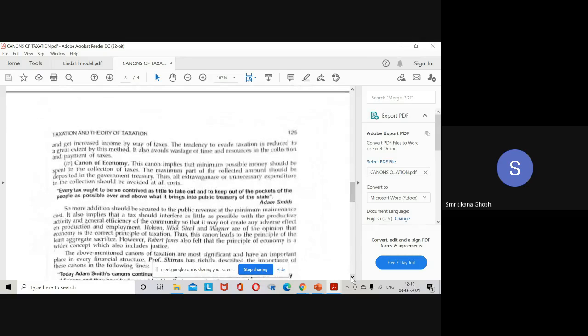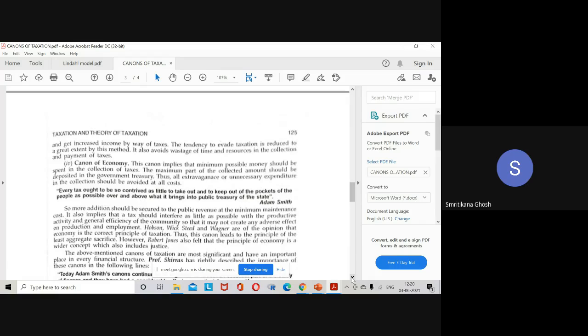The second one is the canon of economy. Canon of economy means tax collection also has an expenditure. When you are going to collect the tax, there should be some manpower, some equipment, some infrastructure. So everyone has their expenditure, right? So it should be minimized. Okay, it should be minimum.